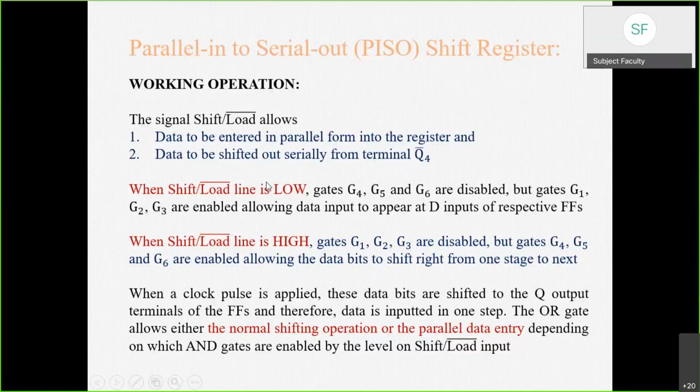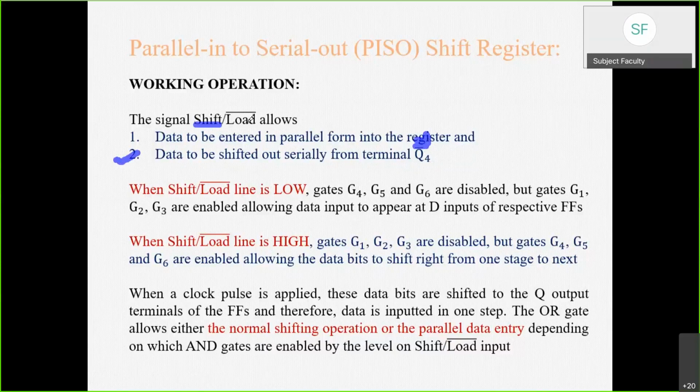Okay, so Q4 bar should not be there. There is a mistake, so simply read it as Q4. So data should be shifted out serially from terminal Q4. This second mode is nothing but shift mode, and the first mode is nothing but loading mode. What are you doing in loading mode?